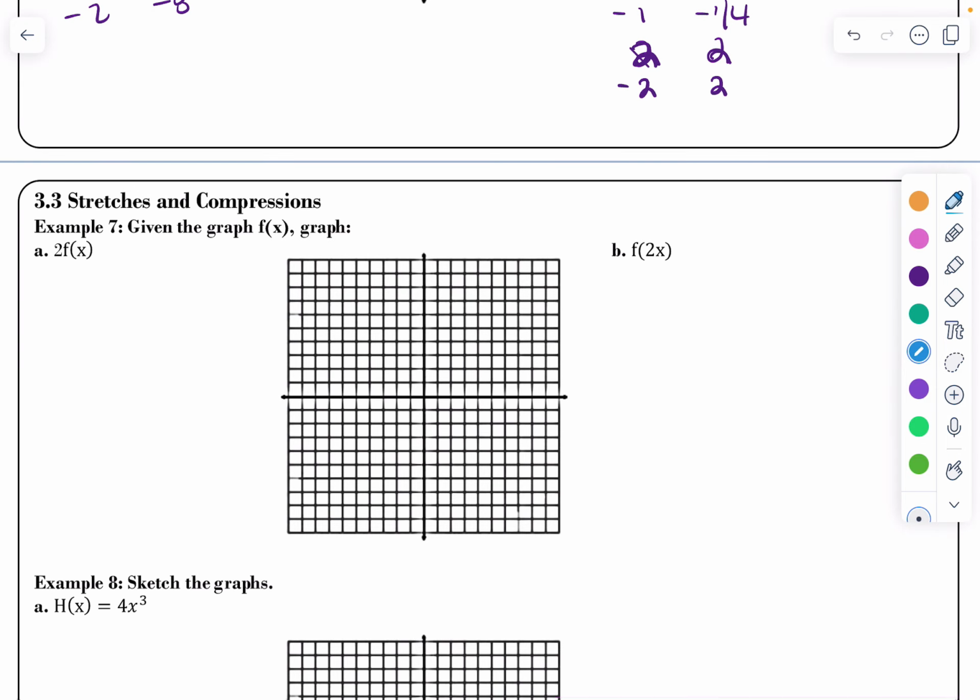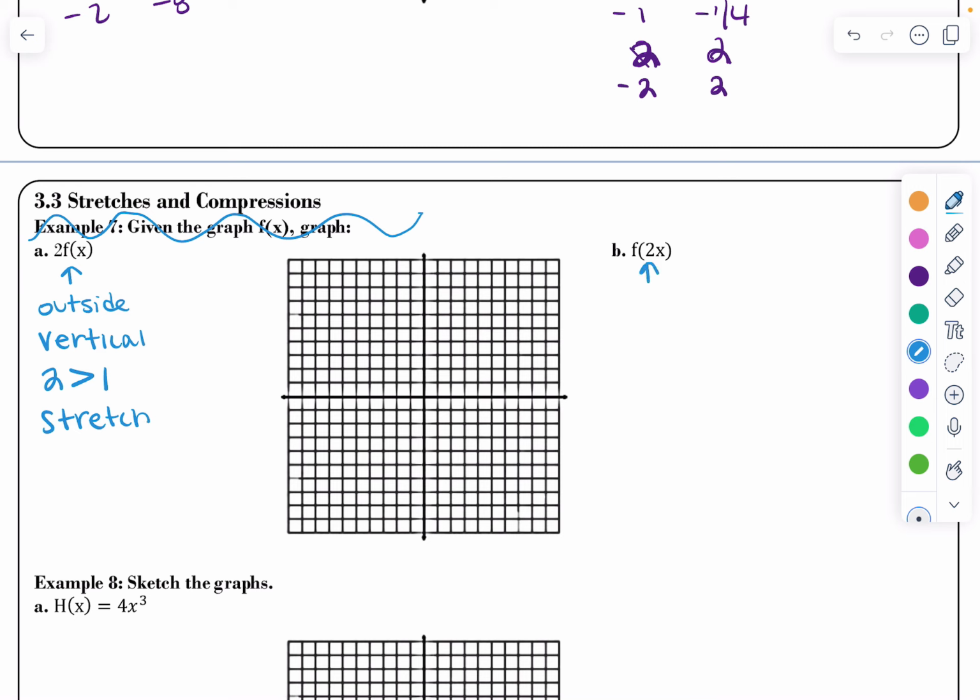This is a typo on the notes. Forgot to put an actual function there, but we'll just describe what happens here. So if I have a function with 2 on the outside of f of x, on the outside of my parentheses, that means it's vertical. And it's the value of 2, which is greater than 1, so it's going to be a stretch. Okay?